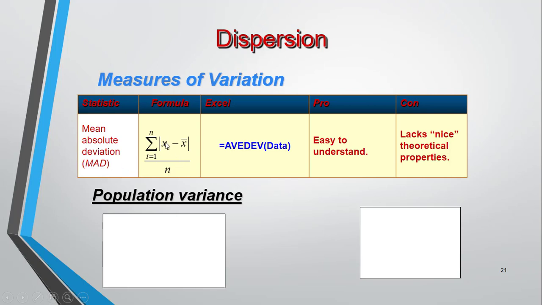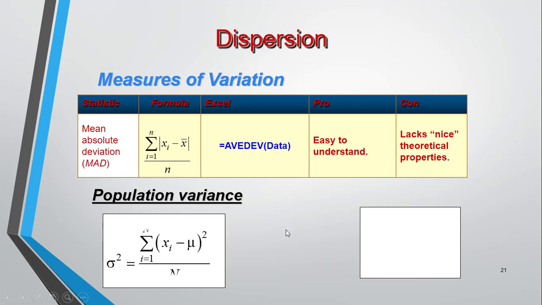That's calculated by taking each and every individual value of the data set, minus its mean, and taking the absolute value of that, because the difference could be positive or negative, but once you take the absolute value they all become positive, right? Then you add them all together and divide by n, and that's your mean absolute deviation, okay? It's AVEDEV in Excel, easy to understand, but it lacks nice theoretical properties.